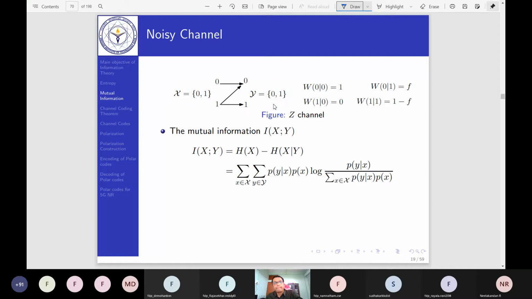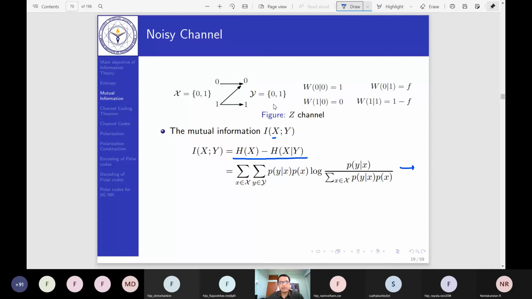The mutual information between two random variables x and y is the reduction of uncertainty of one random variable due to the knowledge of the second random variable. So this is the difference of uncertainty. If you plug in the expressions of entropy and conditional entropy, finally we'll get an expression like this. Don't get into too much detail of this mathematics.